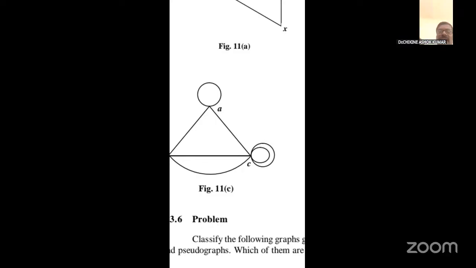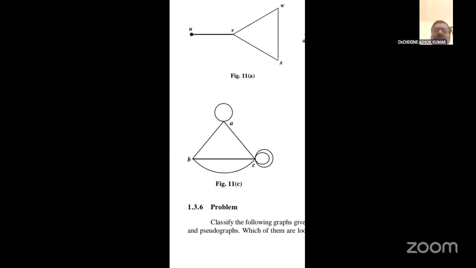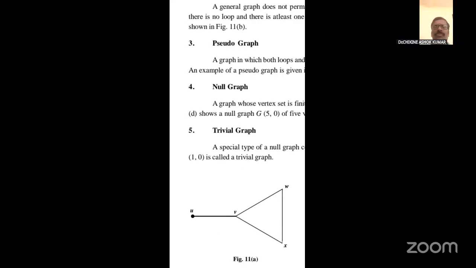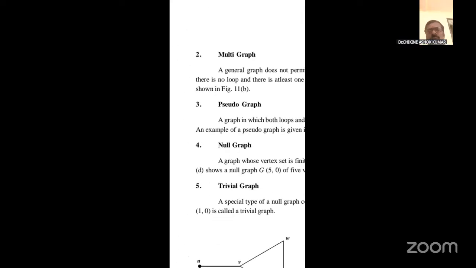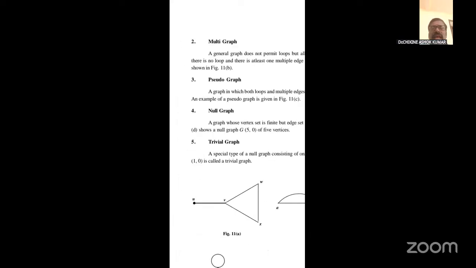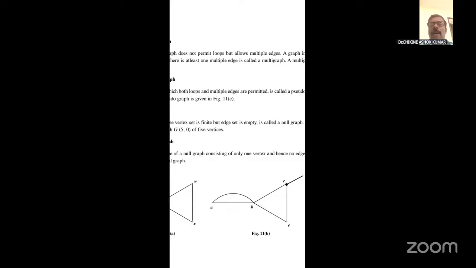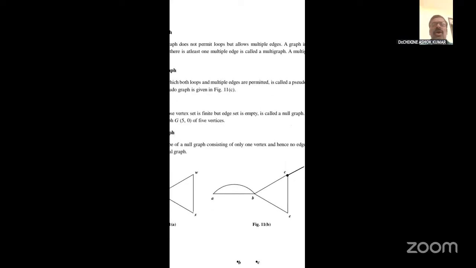So this figure has self loops as well as multiple edges, and these kinds of graphs are known as pseudographs. This is the most important definition: a pseudograph is a graph in which both loops and multiple edges are permitted.